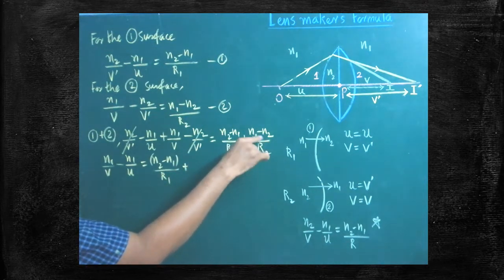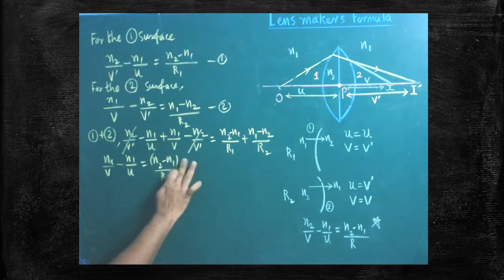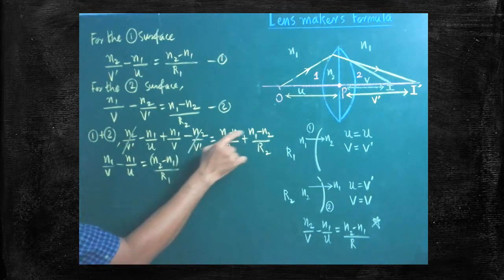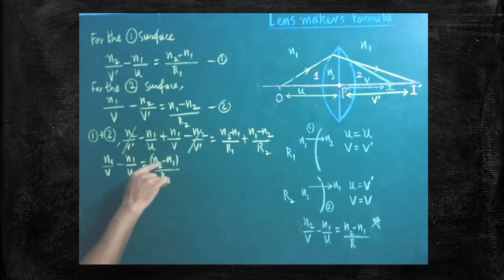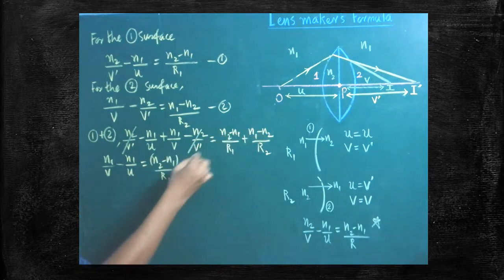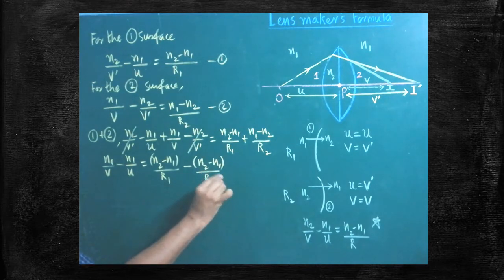If the sign is changed, you will get a minus sign. Here N1 minus N2 is there and here N2 minus N1 is there. To interchange this, I am changing the sign: minus of N2 minus N1 divided by R2.